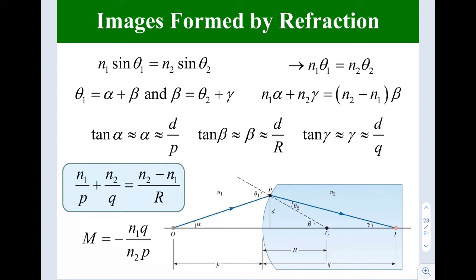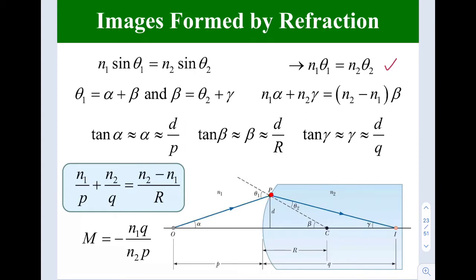From here, we are going to make it bigger based on this diagram. Let's consider this ray, hitting point P here and being refracted into the second medium, where the index of refraction is N2, which is bigger than N1.